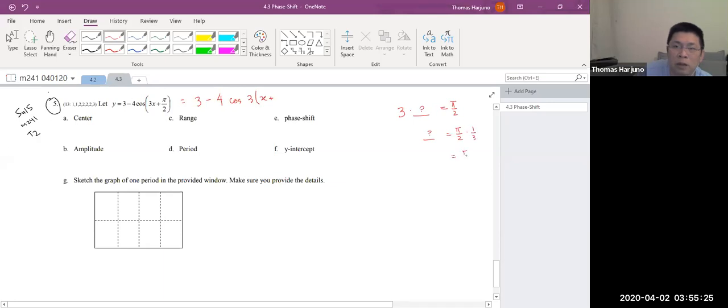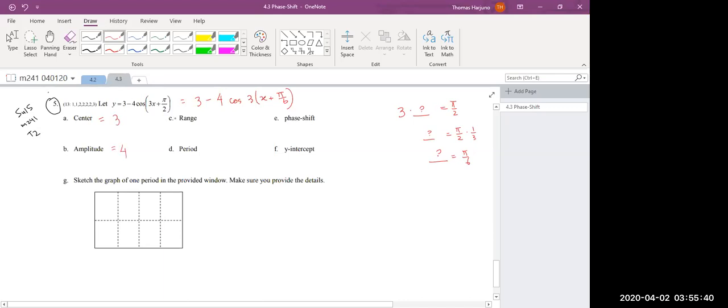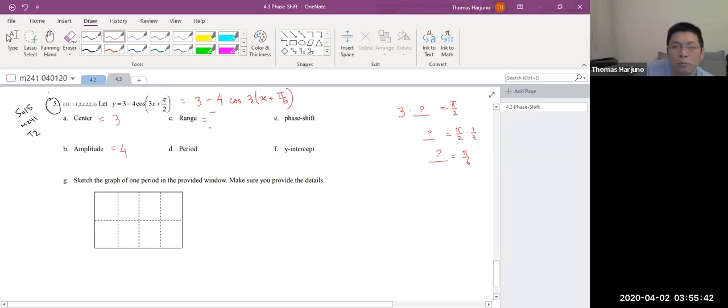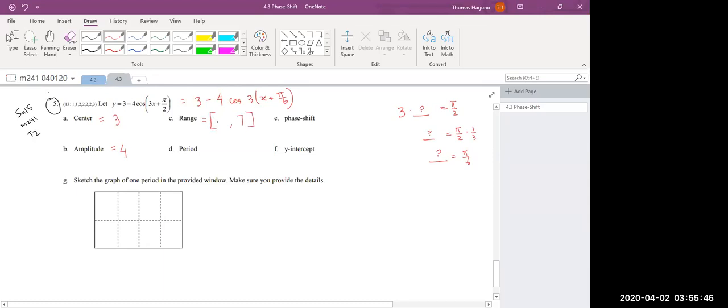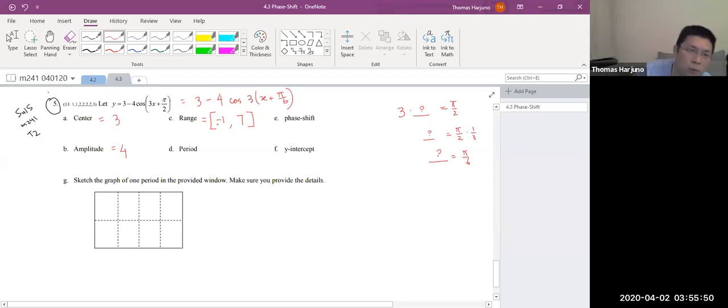That's how we get that pi over 6. So the center is 3, amplitude 4. The maximum is 7. The minimum is negative 1. When I say maximum and minimum, that's to help us see the range.